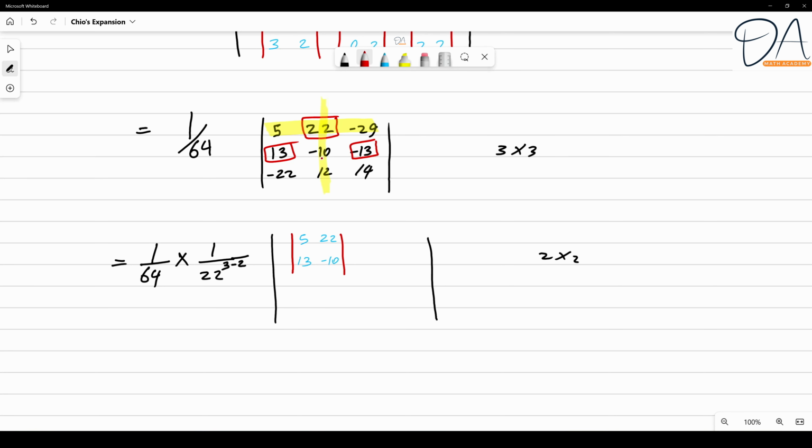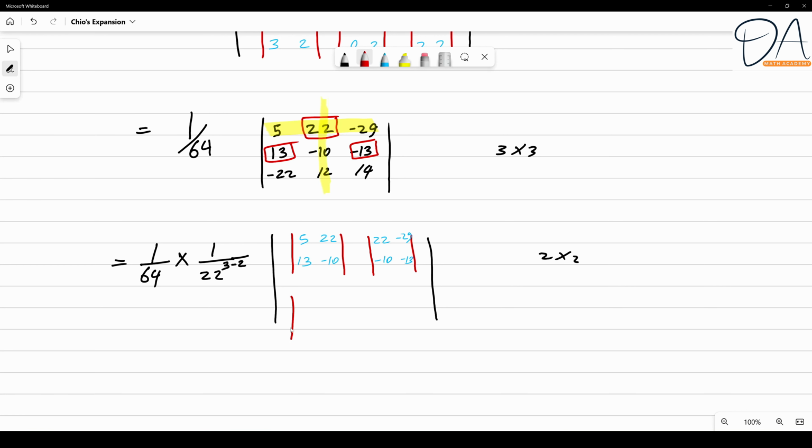We skip the minus 10, it's highlighted, so we're going to the non-highlighted. So again here, the 22 and minus 13 are corners of a rectangle. The other two create this rectangle is minus 29 and minus 10. So essentially what you'll have is 22 minus 29, and here minus 10 and minus 13.